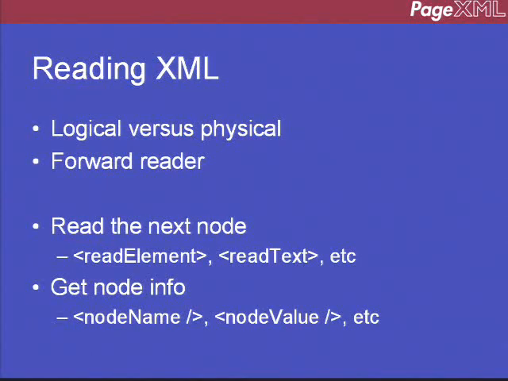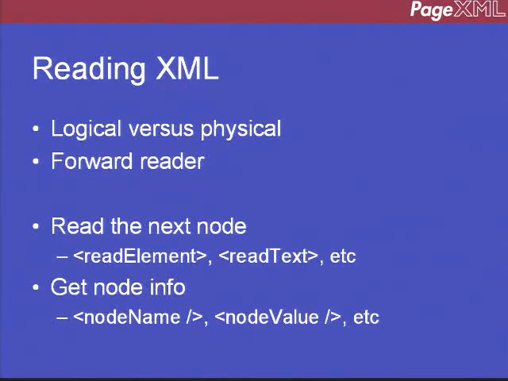So this slide's about reading XML. With PageXML, you work with XML a lot. I certainly do, like getting and processing RSS feeds from other sites, for example. So PageXML has an API built in for reading XML, which makes it more convenient and more relevant. And there's a difference between what I call a logical versus a physical representation of XML.